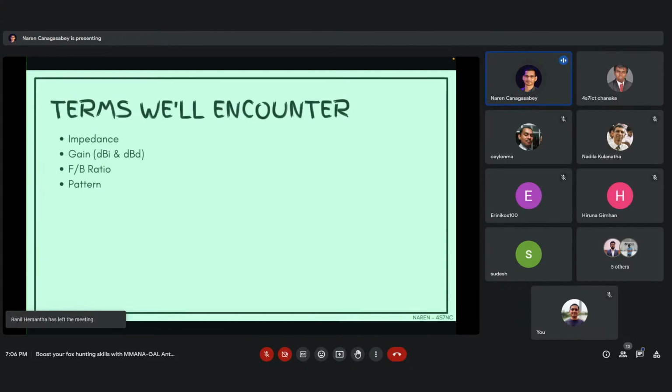Right, so moving on to the first slide. Some of the terms we'll encounter in this program are impedance, gain, dBi and dBd. dBi is gain with respect to a quarter wave vertical, and dBd is gain with respect to a dipole.